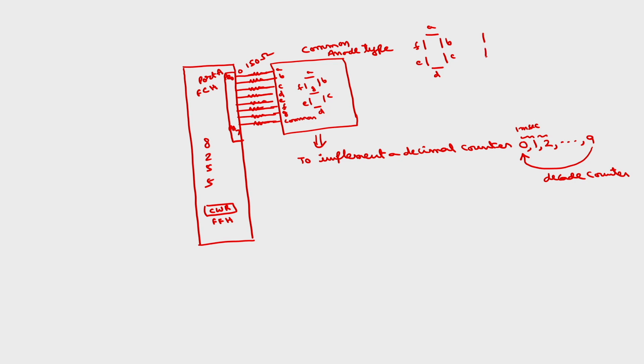One is we can use only BC to display, or you can use FE also. If I select FE also, this displays 1. So, I want to display 2 like this. So, what are the segments? A, B, D, E, G.